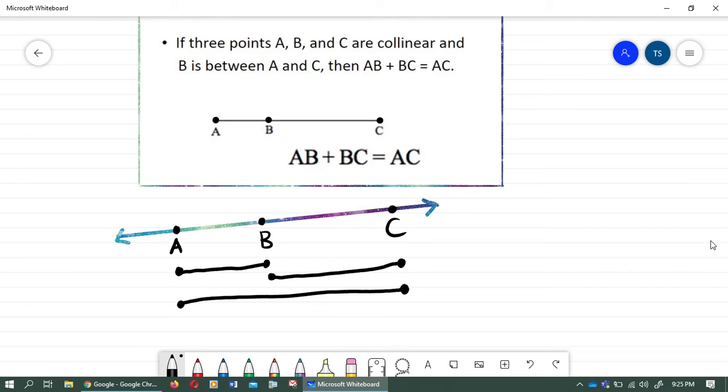So let me show you what I mean when I say numeric values. Let's say that we were looking at the segment AB, and that segment had a length of 7. So let's say that the segment from A to B had a length of 7. And let's say that the segment from A to C has a length of, I don't know, 18.